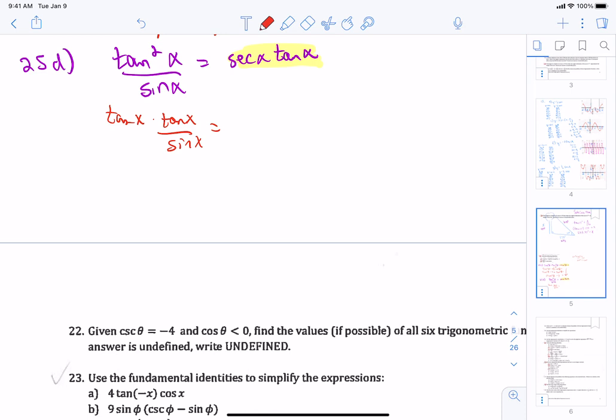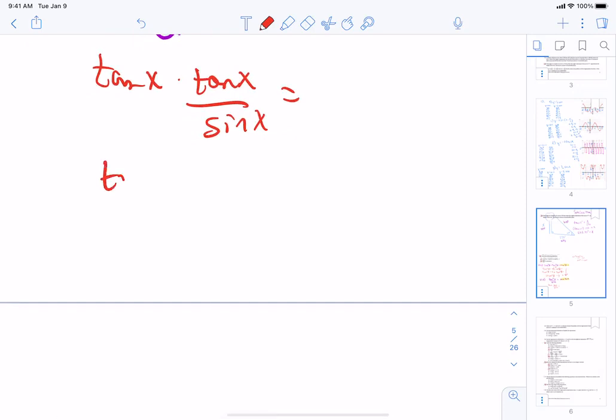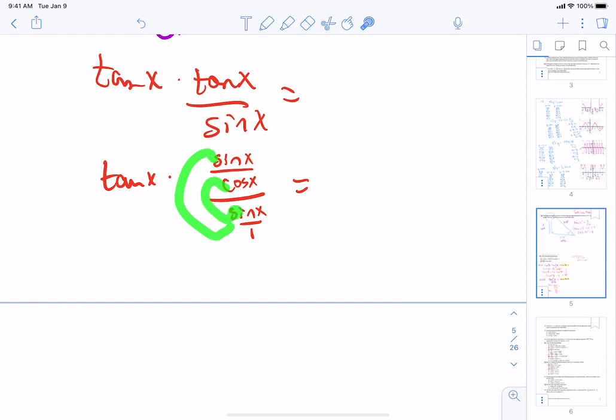So let's rewrite this. So tangent, and I'm talking about this tangent, is sine over cosine. Sine is just sine. So we'll put it over 1 so we have 2 pieces. The reason I want to do that, do you remember when we've done a few different times that big C over little c?